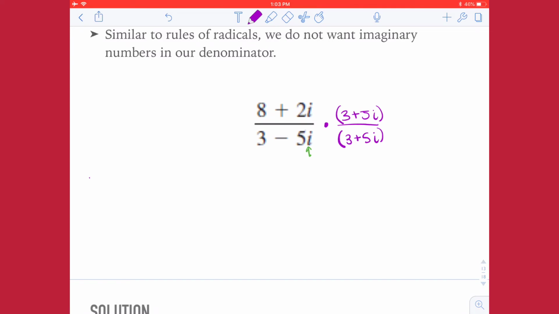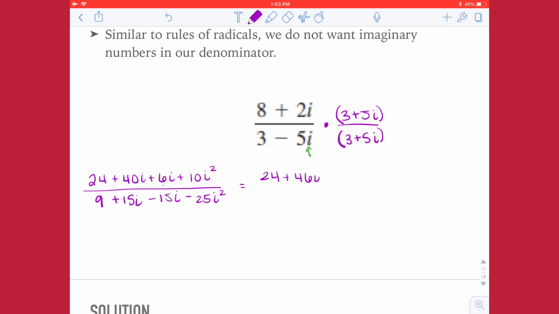And in the numerator, that gets me 24 plus 40i plus 6i plus 10i squared. And in the denominator, that gets me 9 plus 15i minus 15i minus 25i squared. If I want to go ahead and simplify, that's 24 plus 40i plus 6i is 46i.